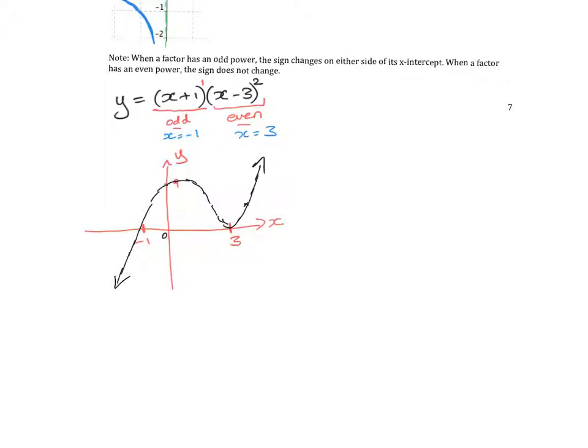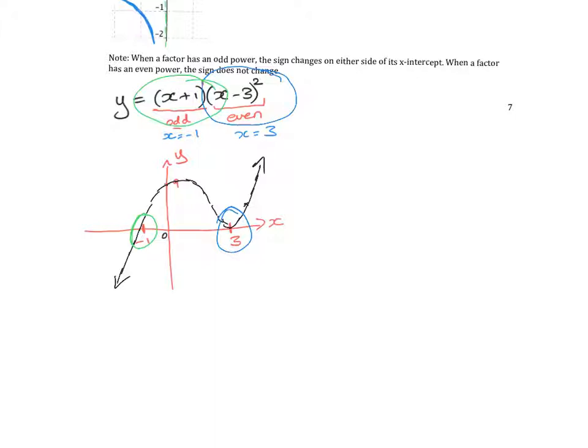So what I'm trying to explain to you is, because this one here has an even power, we bounced on the x-intercept. We stayed on the same side of the x-axis on either side. And here, because x plus 1 has an odd power, we went through the x-axis. We passed through it. We didn't bounce back.